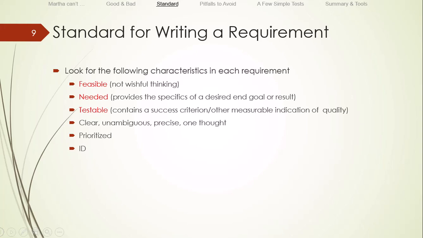Testable. This means the requirement should be verified and testable. Clear. Requirements should be written very clearly. Unambiguous. There should be no ambiguity in the terminologies. Precise means to the point, and one thought means one goal.